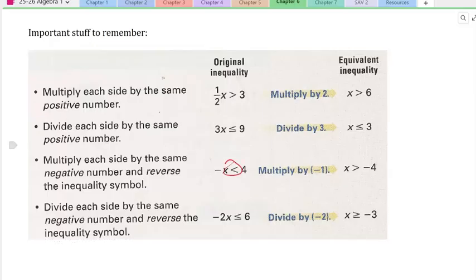Notice it's less than here, and now it's greater than there. You must reverse the symbol. When you divide each side by the same negative number, we have to divide this side by negative 2, and the symbol has to change and point the other direction. That's how it is when you multiply or divide by a negative with inequalities.